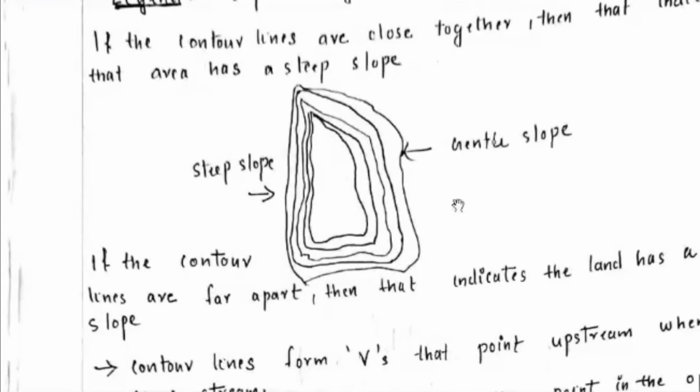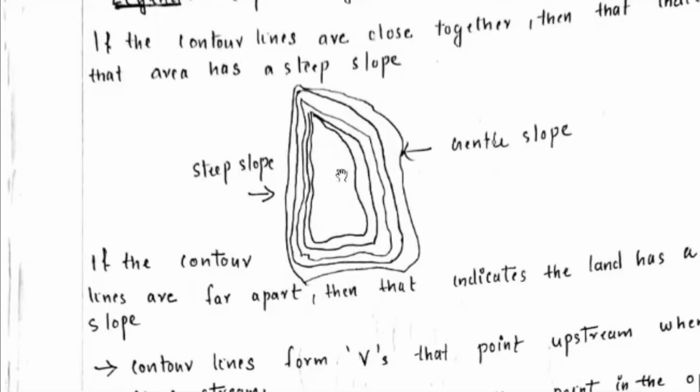Now, how do we find out the slope of an area by observing the behavior of contour lines? If the contour lines are very tightly placed to each other, if the contour interval between each line is very small, in other words, if all the contour lines are placed very near to each other, it denotes that the area has a steep slope.